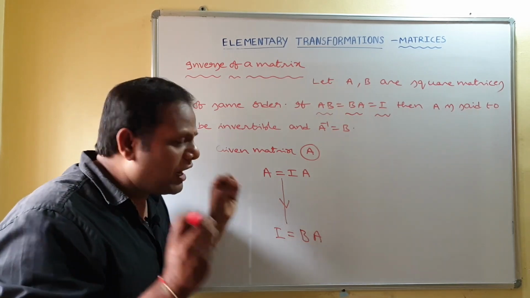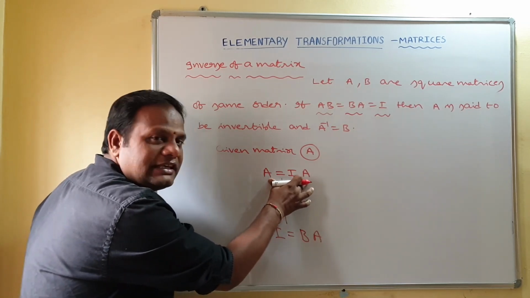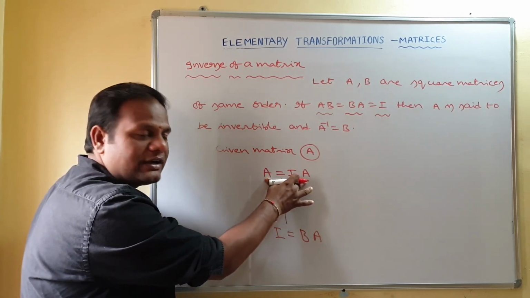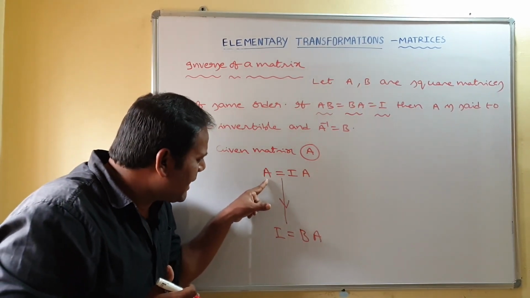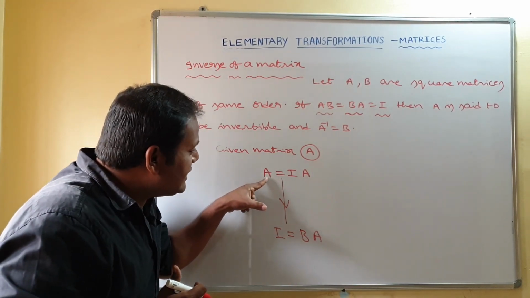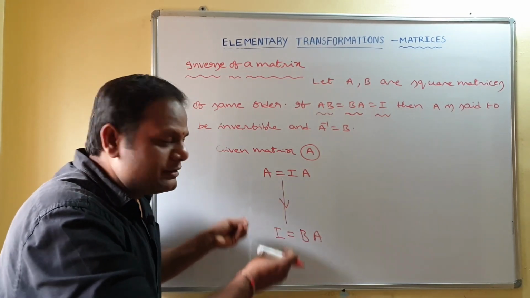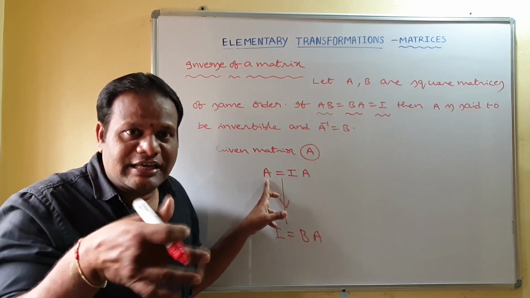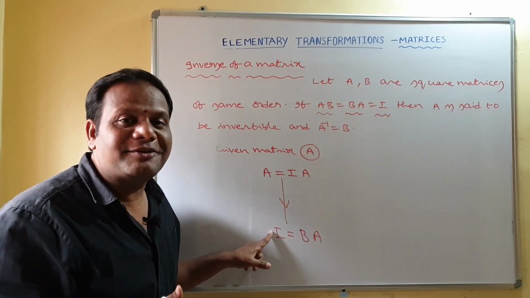Okay. So, what we have to do? We have to transform this matrix equation into this form. You have to change this matrix A into the identity matrix. To do that, you have to apply some operations, because you have to change the elements in A into the elements of the identity matrix.